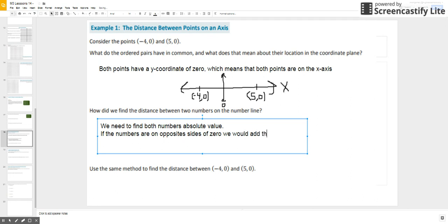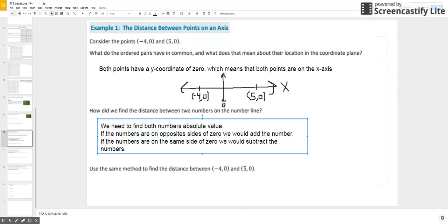I'm trying to simplify this as much as I can. If the numbers are on the same side of 0, we would subtract the numbers.